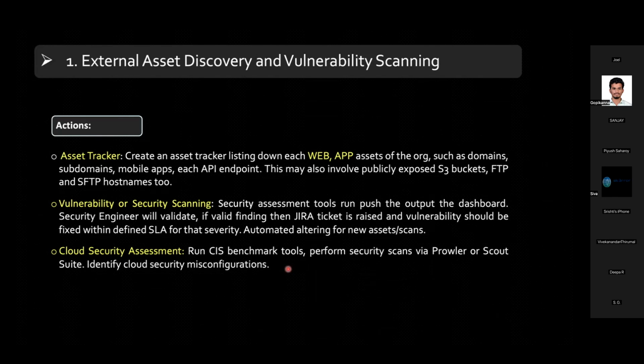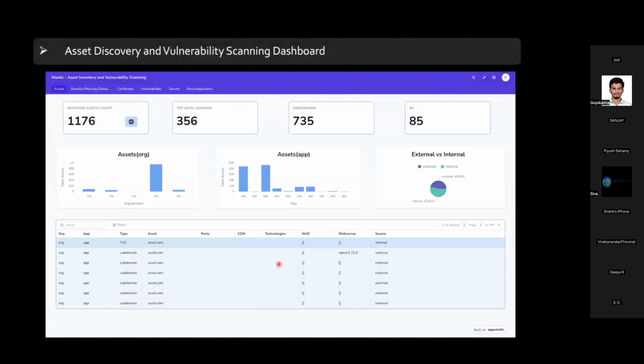So here we are not looking at performing a very, very deep dive scan, but creating a basic automatic asset tracker, and then running basic security tools, so that whatever immediate security issues or low hanging fruits there are, those can be covered.